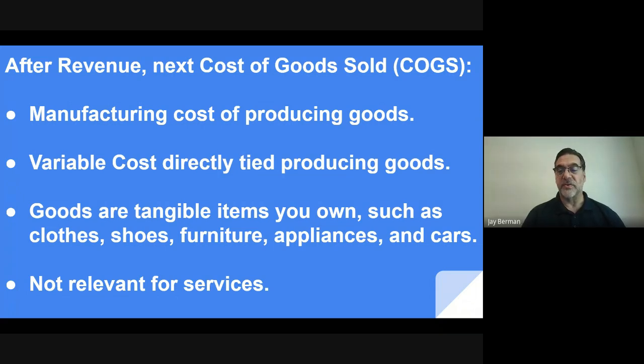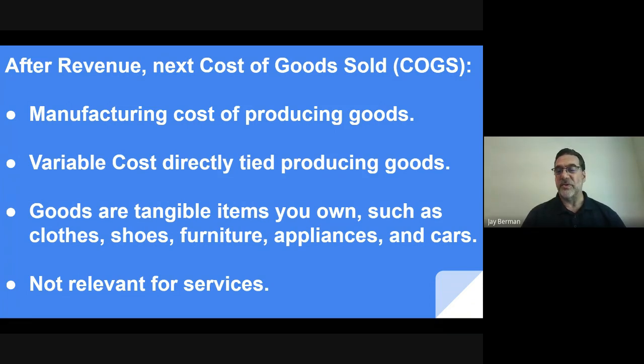So cost of goods sold strictly involves goods, which are tangible items that you own, such as clothes, shoes, furniture, appliances, cars, personal care products, food. Those would be considered goods because they're tangible things that you can touch, smell, see, and feel.